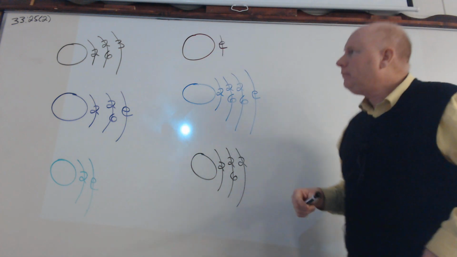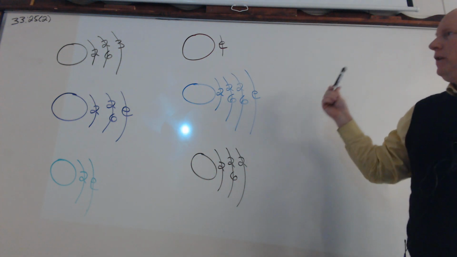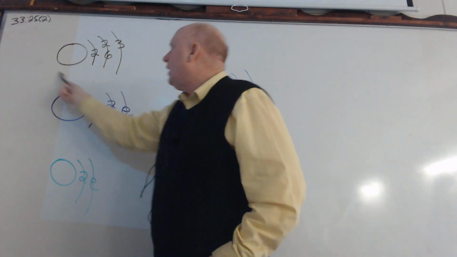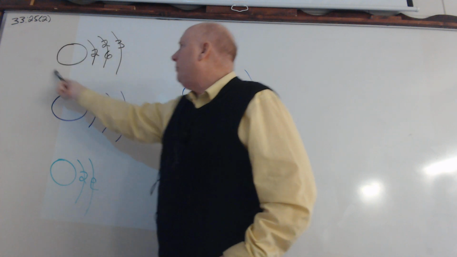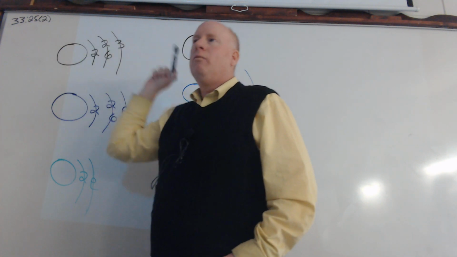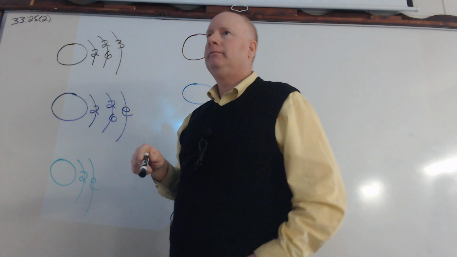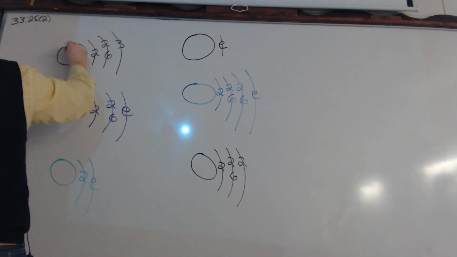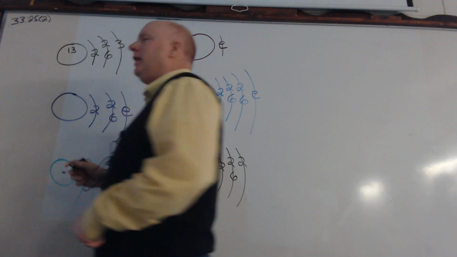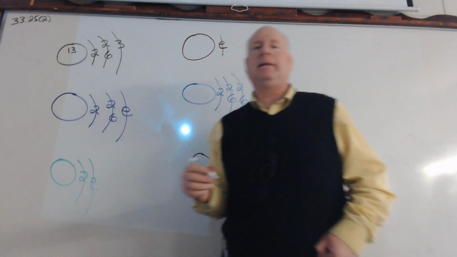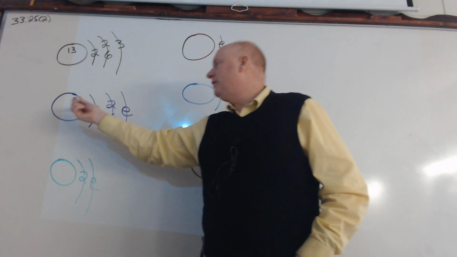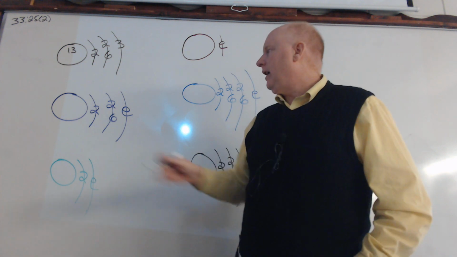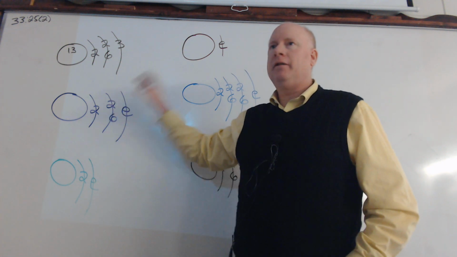Okay, so as we look at this, we'll just go in order. How can you tell me this is a neutral element? Why are you right? Okay, so it's got 13 protons in the nucleus. That identifies the element as aluminum. That is correct. What element is this one? Sodium. Okay, we say add your numbers and letters together.